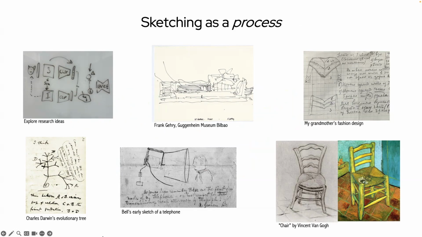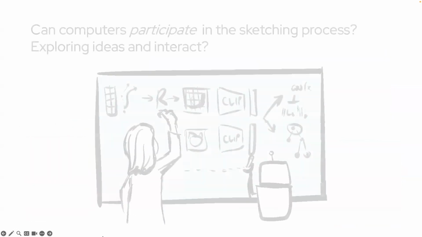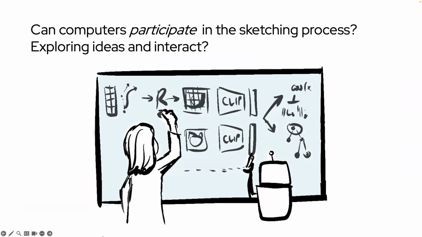Also when we do research, for example, and this is an exploratory process. We don't know where we end up, right? So recently I'm interested in thinking about whether someday machines could also participate and maybe even autonomously take part in this more exploratory process that is done through these more abstract representations.